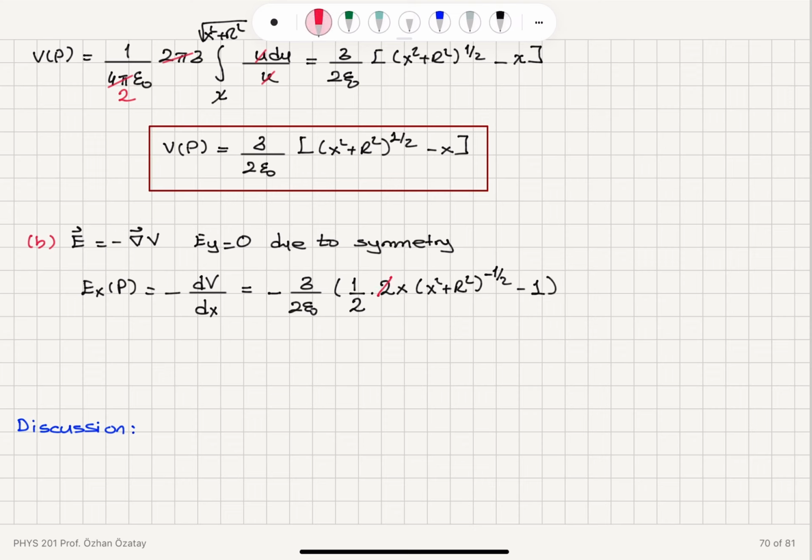You can see that the 2's will cancel, and I will be left with the x component of the electric field, Ex at point P, is equal to, now if I operate this minus sign inside, sigma over 2 epsilon 0 times 1 minus x divided by the square root of x squared plus capital R squared.